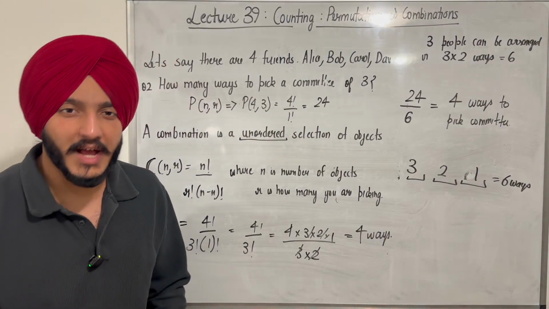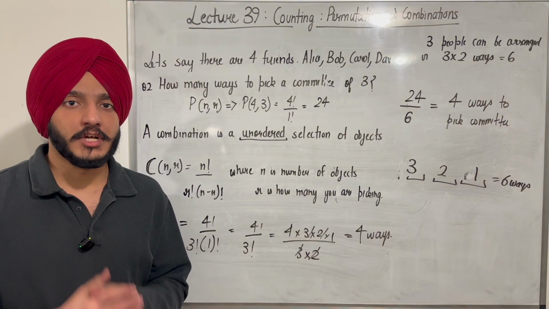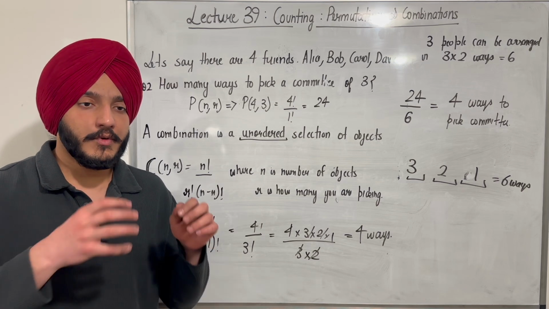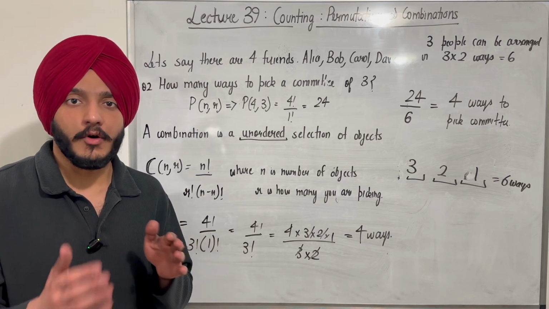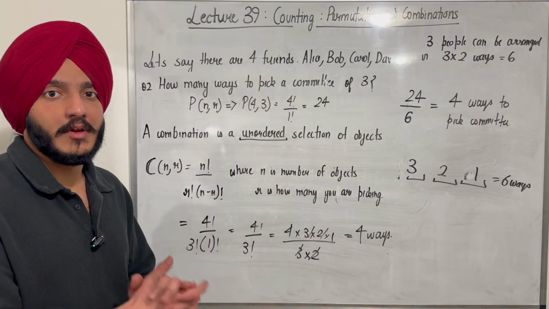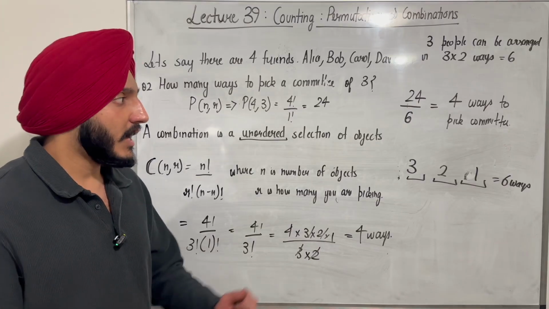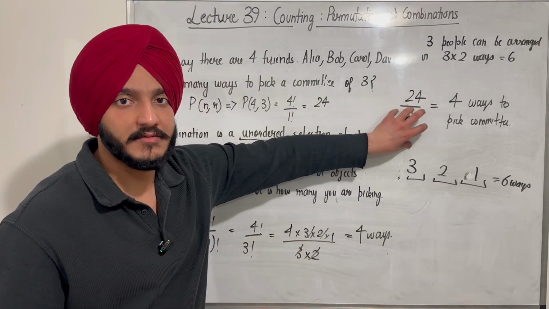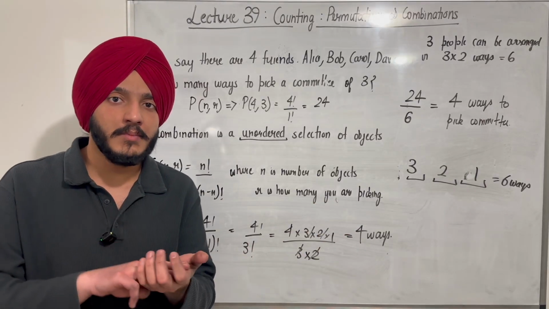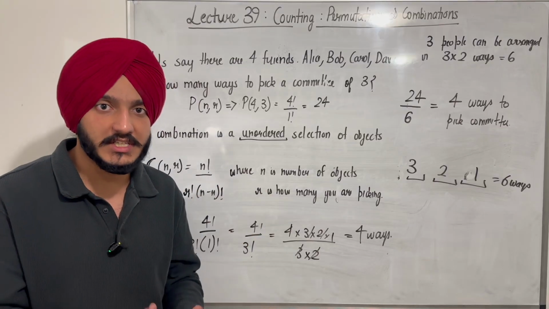Yeah, it's kind of pretty logical to understand once again. Now, if you still have kind of a doubt in understanding this, I would say try to think a bit about it from a logical perspective, right? The point was, in combinations, we don't worry about the order. So if we change that order multiple times, it would be counted as the same thing. So we had to reduce that extra count that we did. And that's why I had to divide by this 6 value, right? Because if you pick 3 people, in the permutations, we had to add a 6 for them because they can be arranged in 6 different ways.